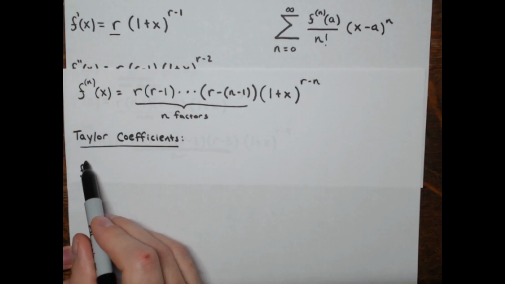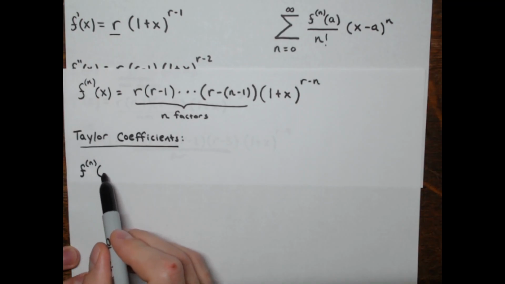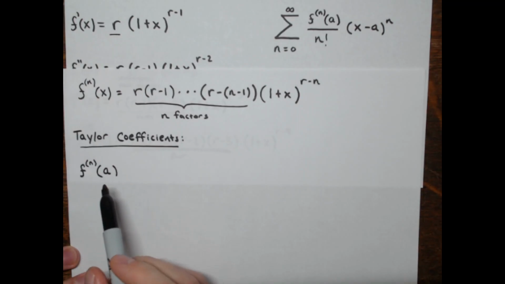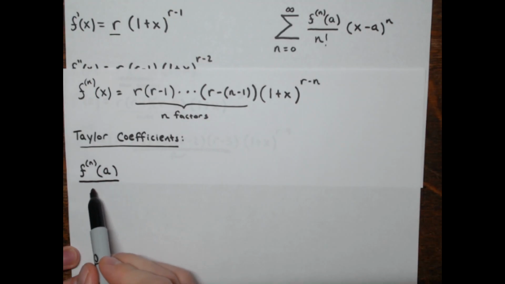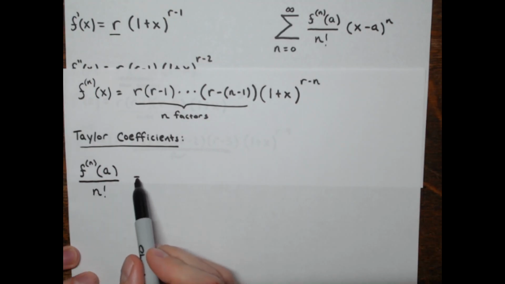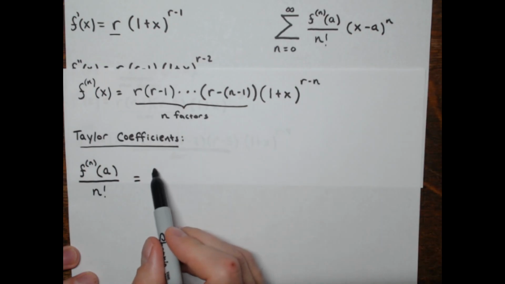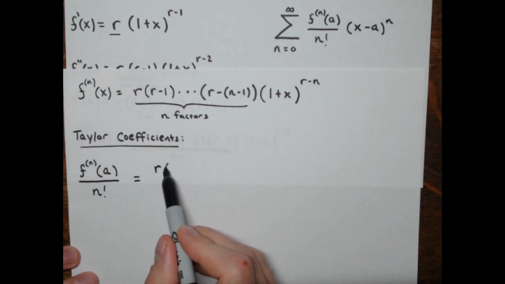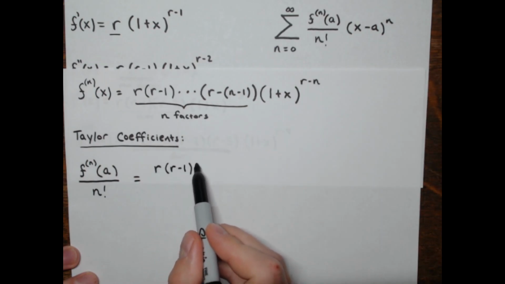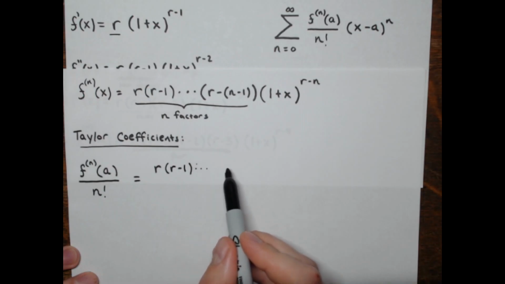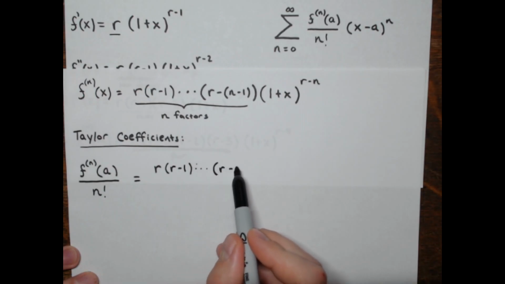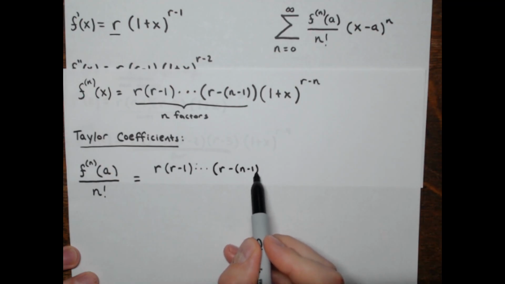Again, the nth derivative of f at x equals a divided by n factorial will be r times r minus 1 times r minus 2, r minus 3, r minus 4, all the way down to r minus the quantity n minus 1.